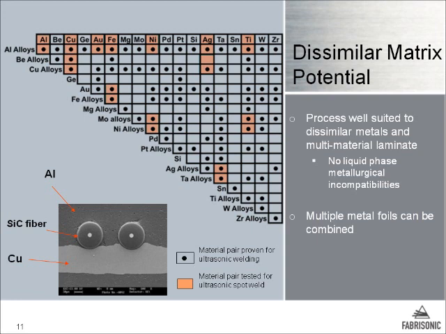The only thing that I'd add is that no matter how good the ultrasonic bond is, if you have large differences in electronegativity, you can create a battery and create corrosion problems. So you still have to be careful about what metals you combine so that you don't create a battery and corrode the part away.